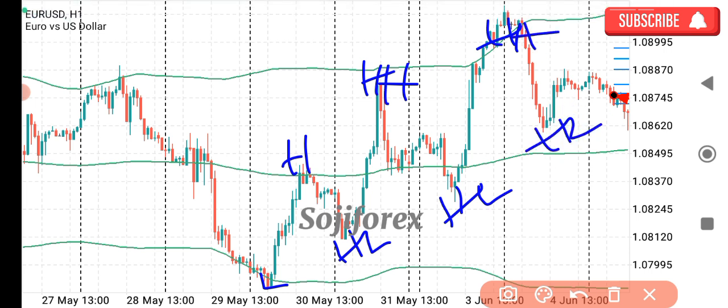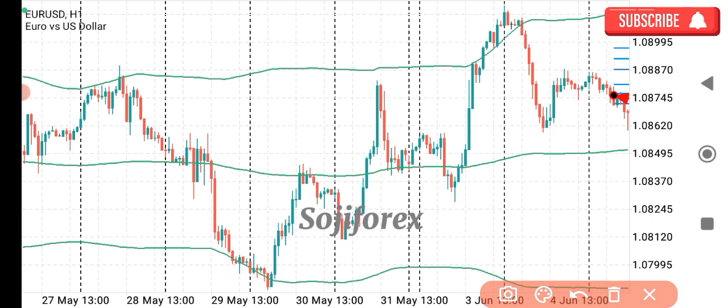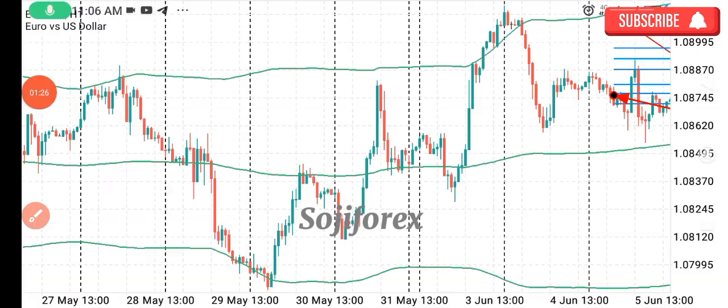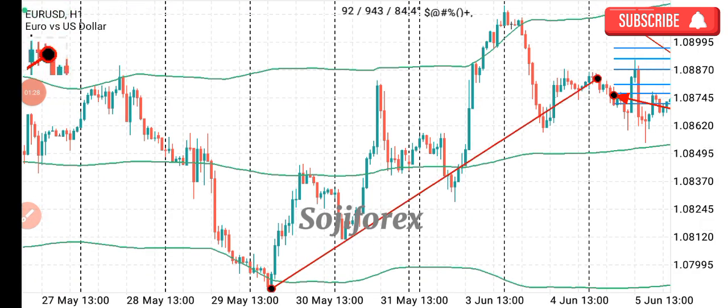So this is an uptrend, and for you to connect a trend line, if you are somebody that uses trend line, you need a point A, which is this one, and point B for you to connect your trend line. So you will be connecting your trend line in this order. So this is your trend line. So regardless of your method of trading, this is how to go about it.